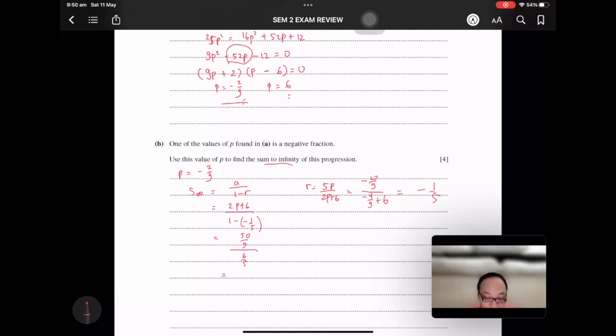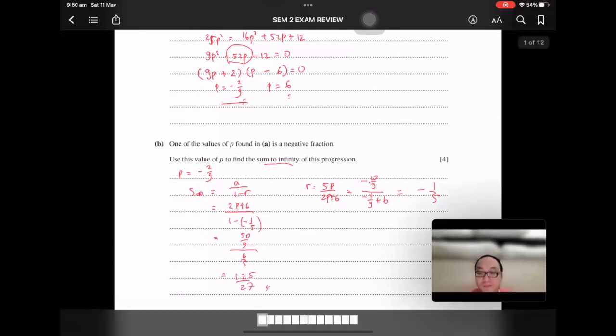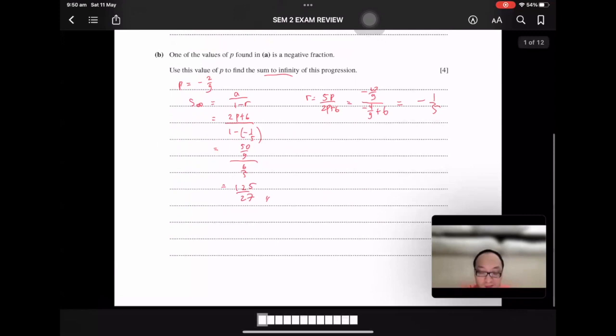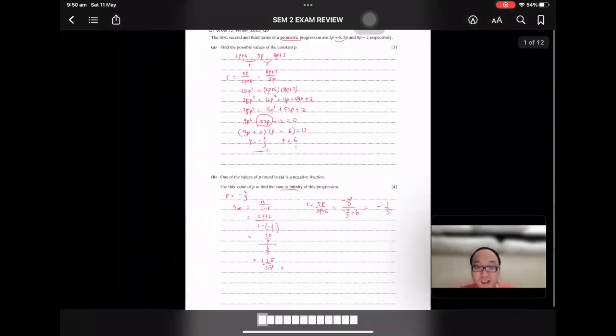So 50 over 9 divided by 6 over 5 equals 125 over 27. Yeah, that's number 1.